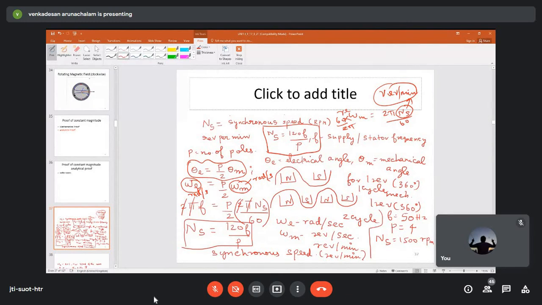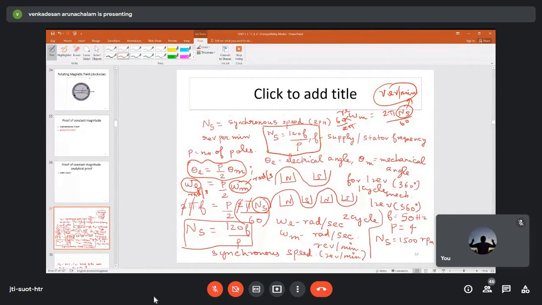Now I can write omega M in terms of revolutions per minute like this, 2 pi ns by 60. This side 2 pi, that side 2 pi; if you cancel them, you get ns as 120 f by p. And this is not revolutions per second, this is also radians per second; then only your units will match.